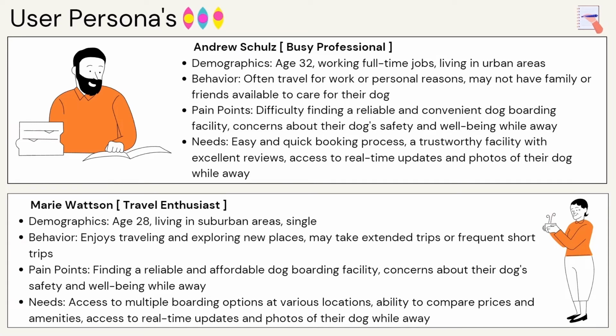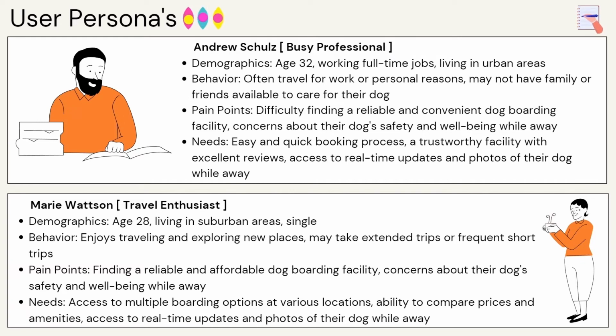He often travels for work or personal reasons and may not have family or friends available at that moment to take care of his dog. His pain point is that it's difficult to find a reliable and convenient dog boarding facility, and he has concerns about the dog's safety and well-being while away. His needs are an easy and quick booking process, a trustworthy facility with excellent reviews, and access to real-time updates and photos of the dog while away.